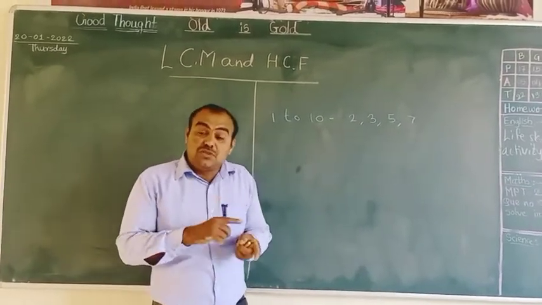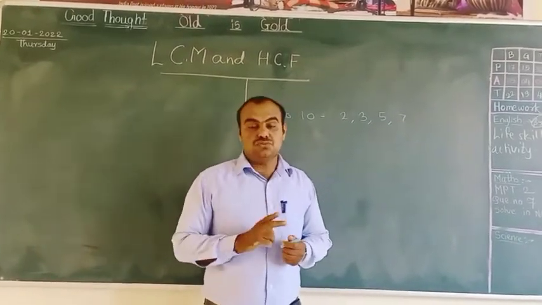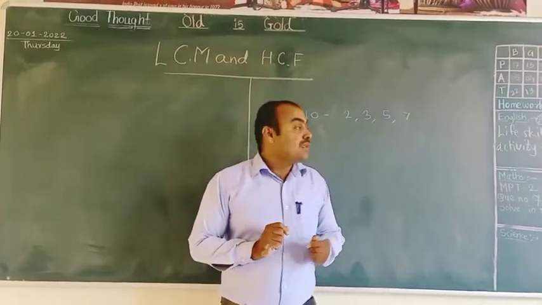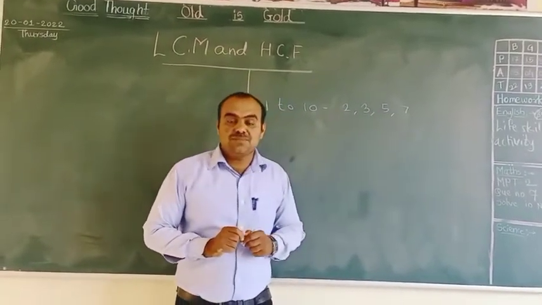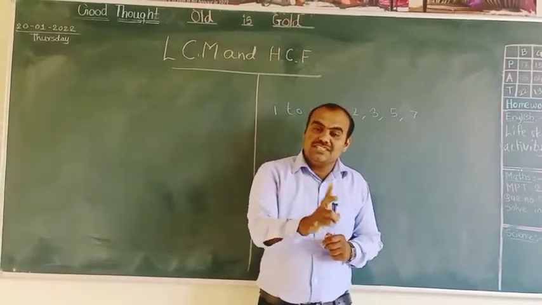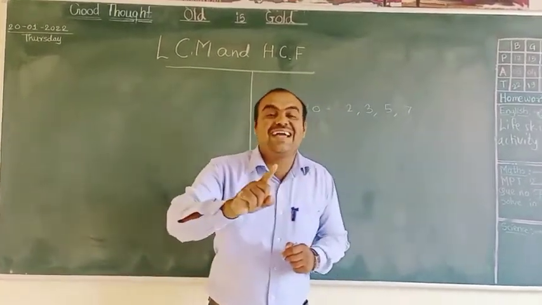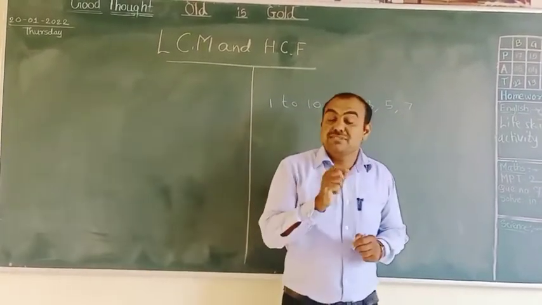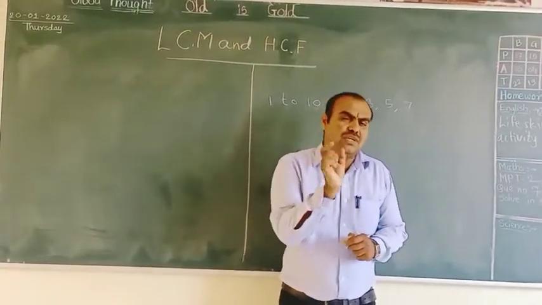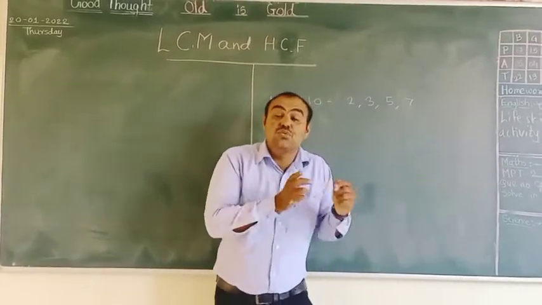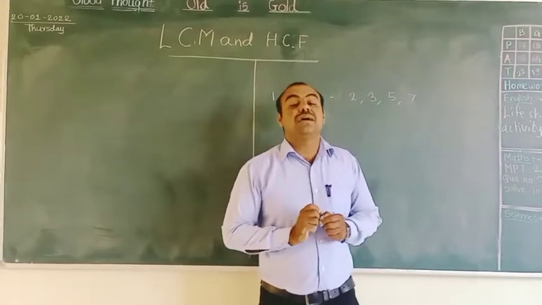Because 4 is divisible by 2, so it is not a prime number. Then 6 is a composite number, because it can be divided by 2 and 3, so it is not a prime number. Prime numbers means the number has only itself and one as factors.